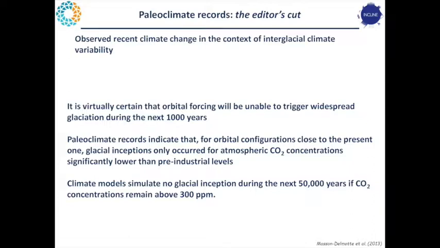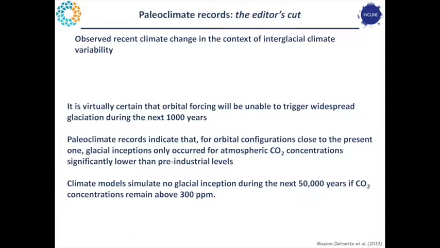Paleoclimate records indicate that for orbital configurations close to the present one, glacial inception, so the start of a glaciation, only occurred for atmospheric CO2 concentrations significantly lower than pre-industrial. So with the CO2, N2O, CH4 concentrations we have in the atmosphere, we will not go into another glaciation.